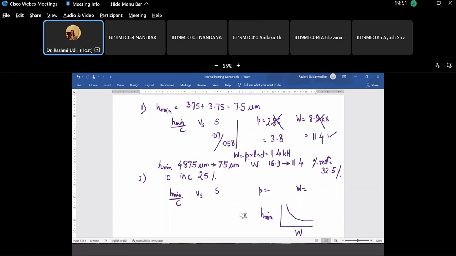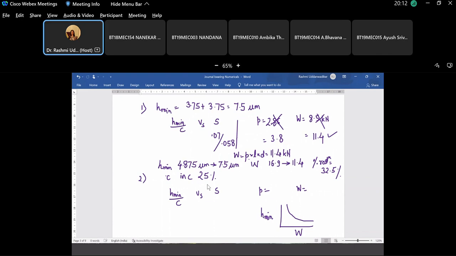And in the second part, when the clearance is increased by 25%, what happens to H minimum by C? Assuming which value you want to assume, let it be 7.5. Let H minimum be 7.5.